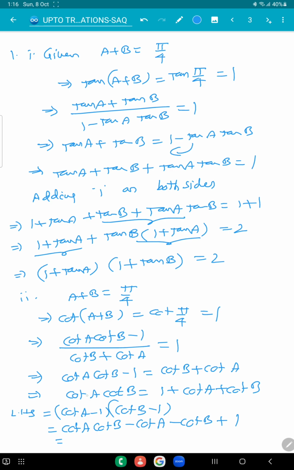From this one, cot a cot b is equal to 1 plus cot a plus cot b. So 1 plus cot a plus cot b, minus cot a minus cot b plus 1. These two get cancelled. 1 plus 1 is 2. That is the right hand side. Done. Let us go for the next question.